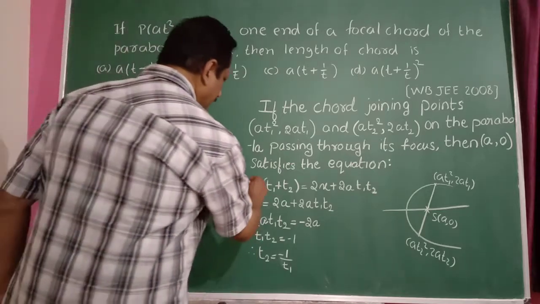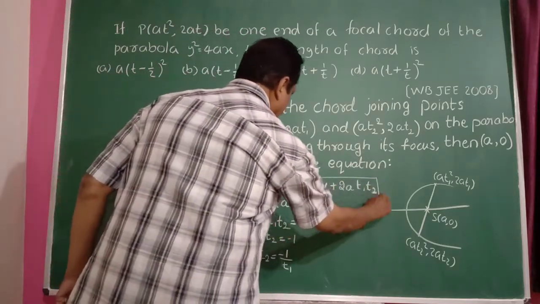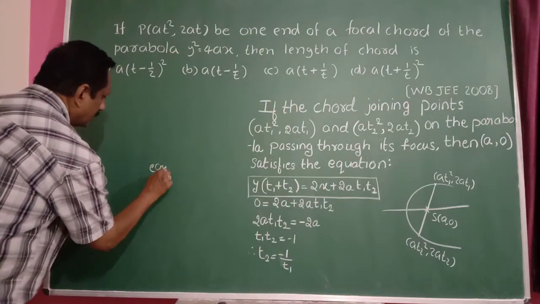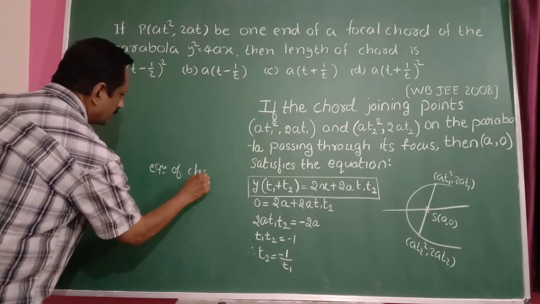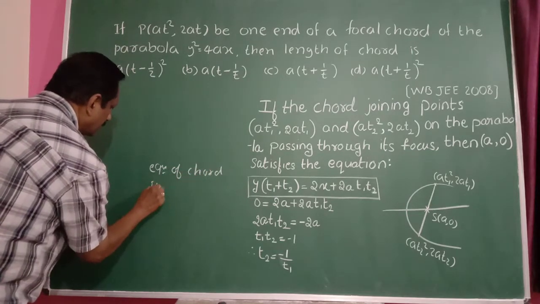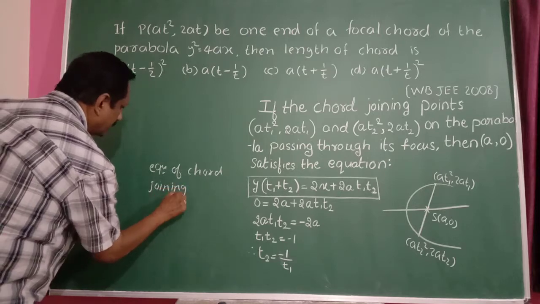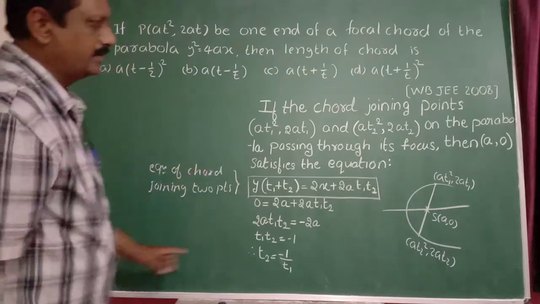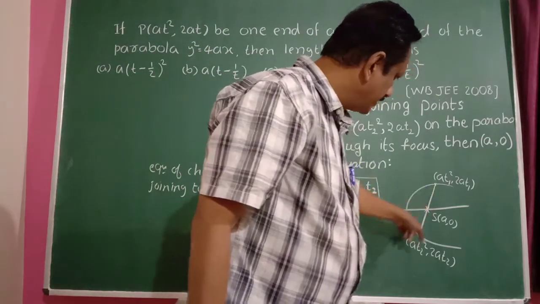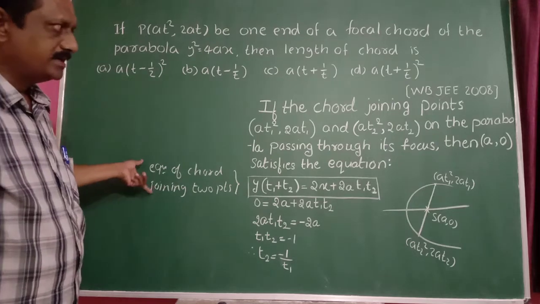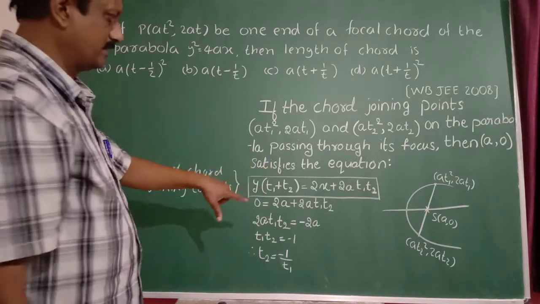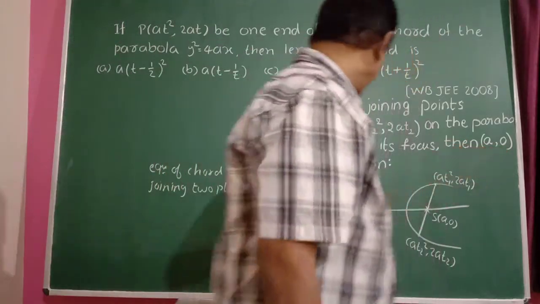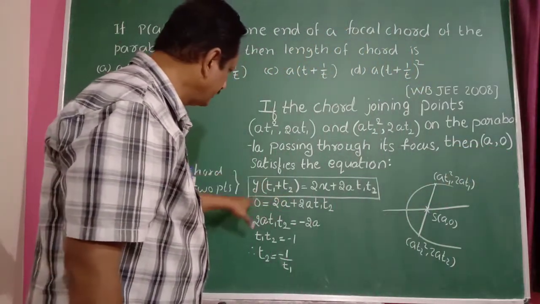This is the equation of a chord joining these two points. Since the chord passes through the focus, this equation is satisfied. The y coordinate of the focus is 0, so put y equal to 0. Zero into any term is 0.